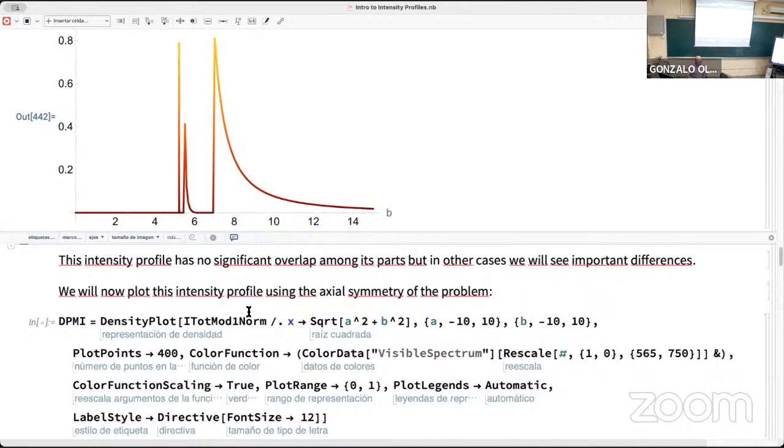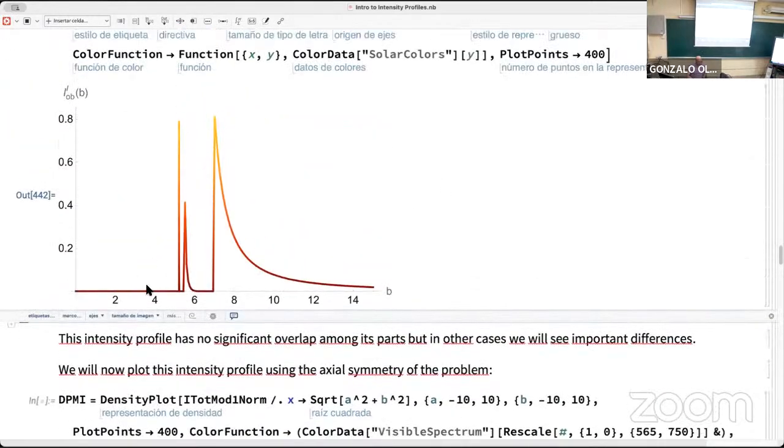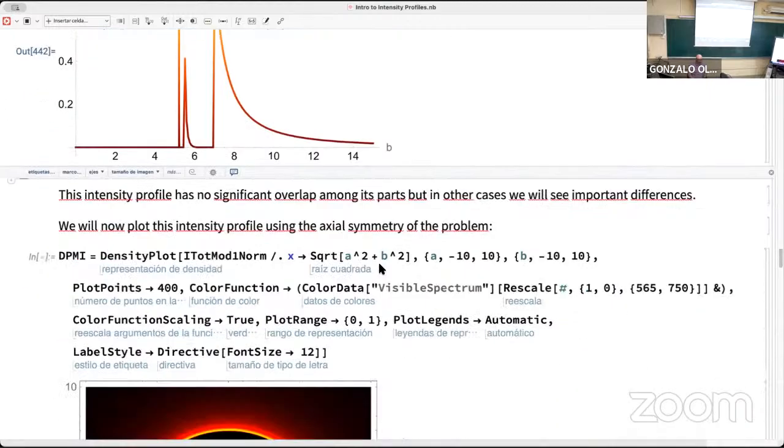And now, since we have spherical symmetry, we only need to transfer this intensity profile into a density plot in polar coordinates, just to represent the black hole from our point of view.